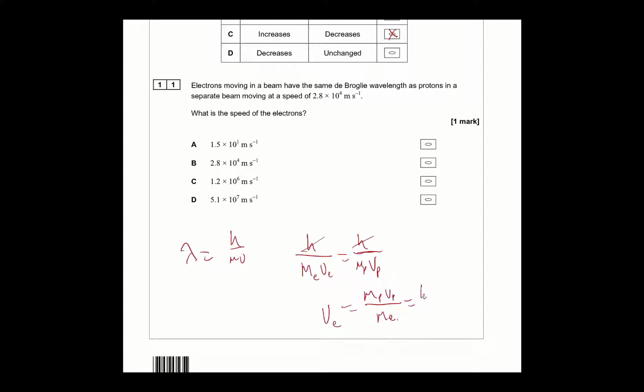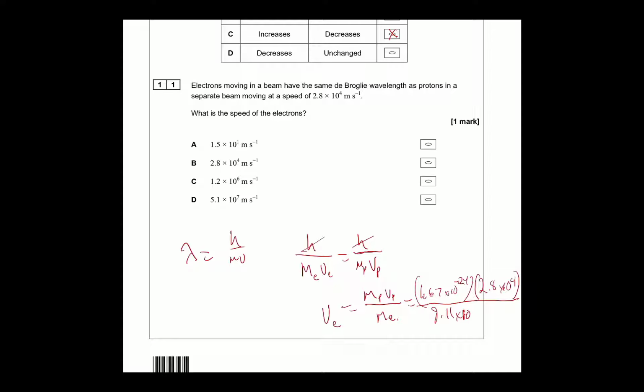So we've got 1.67 times 10 to the negative 24. Oops, minus 27. Times 2.8 times 10 to the 4, divided by a very, very small number, 9.11 times 10 to the minus 31.